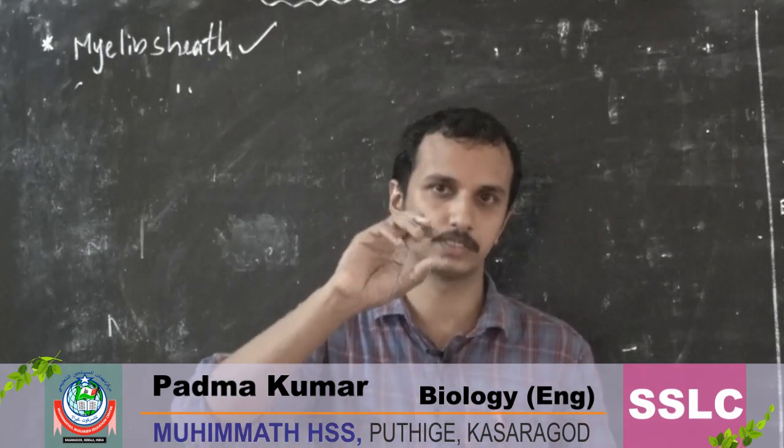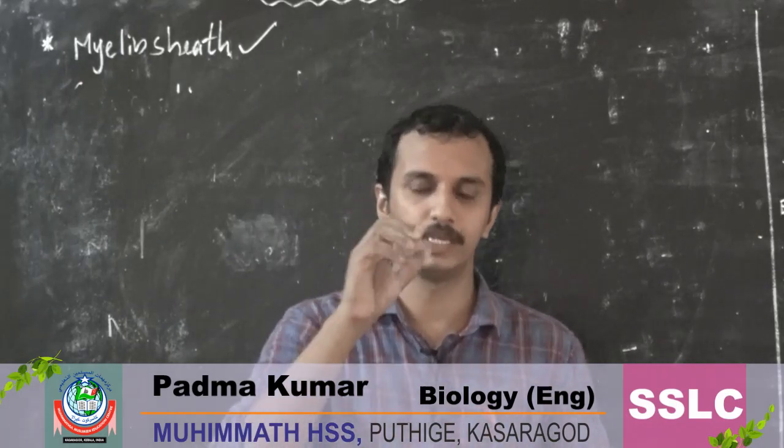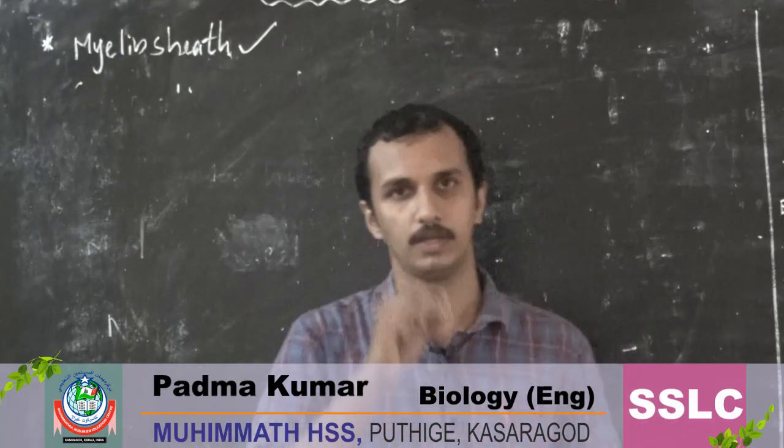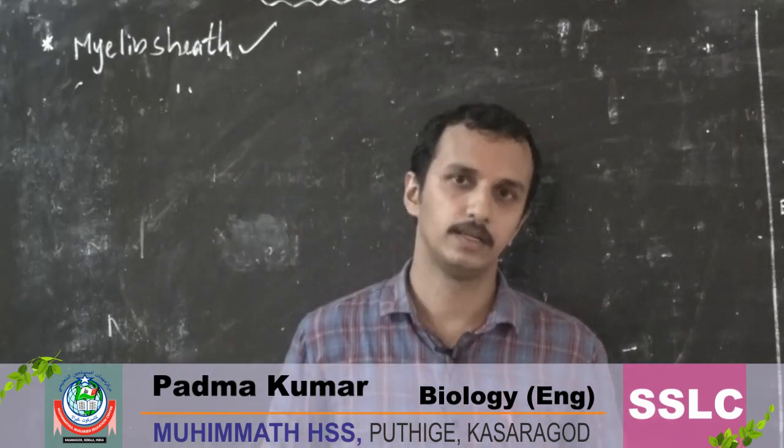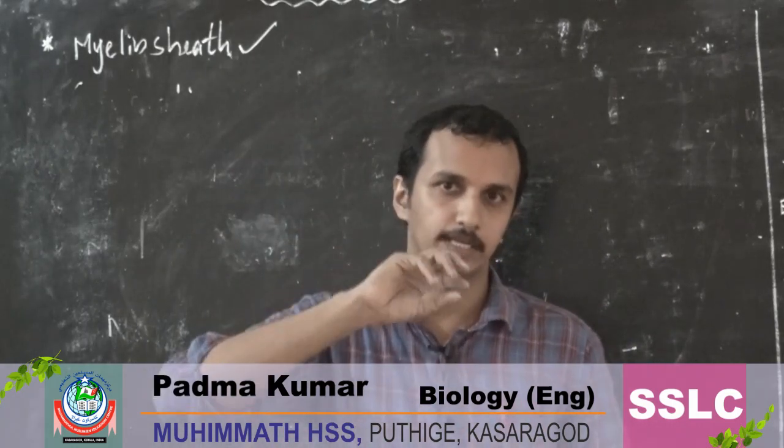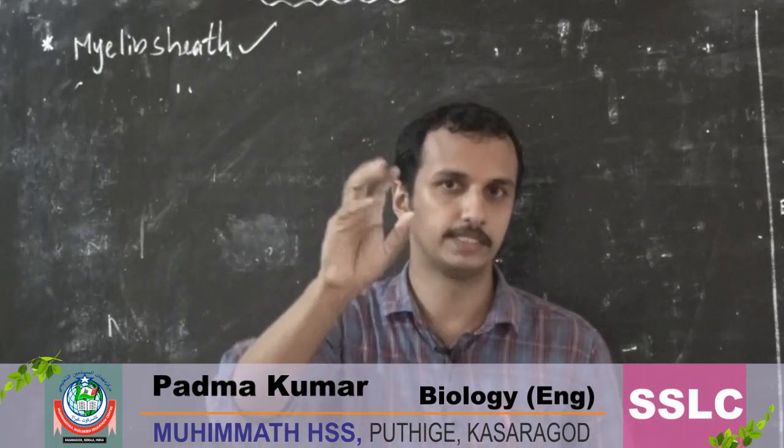Nerves are a group of axons; many axons join together and form a nerve. So a nerve will transmit impulses from our body part to the brain. After analyzing that message, the brain will send some messages to our body part. Then only control and coordination is possible.